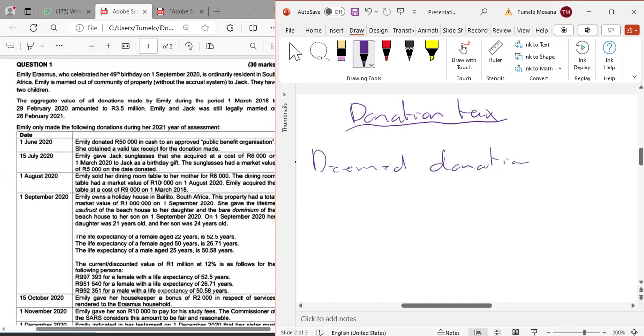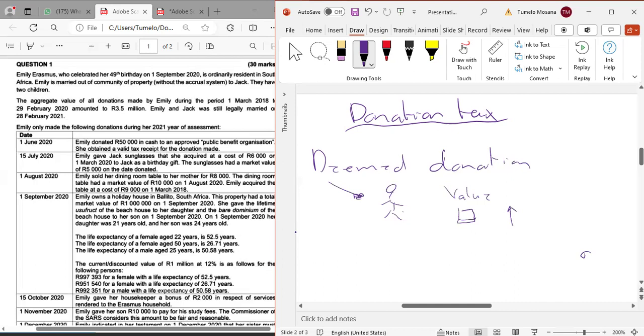For example, this would work when you donate something to a particular individual, but the value of maybe this laptop that you are donating is higher than what this individual is providing you.